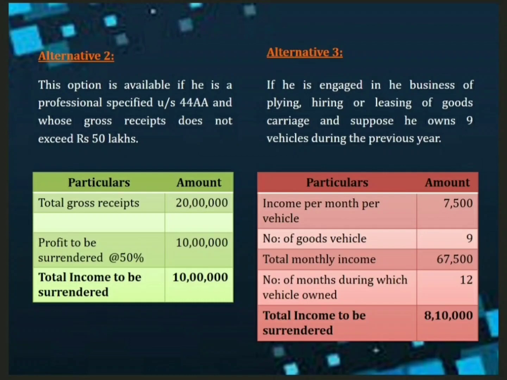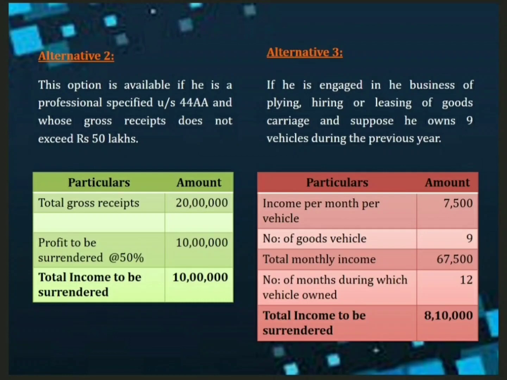Alternative 2. This option is available if he is a professional specified under section 44AA and whose gross receipts do not exceed 50 lakhs. So if he is a professional specified under 44AA and his gross receipts are less than 50 lakhs, he is eligible to opt for section 44ADA.